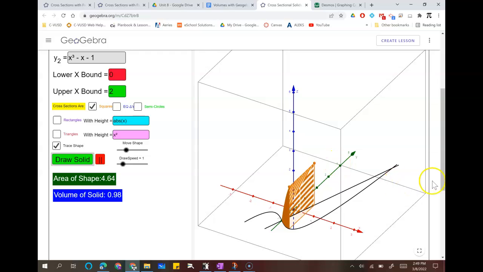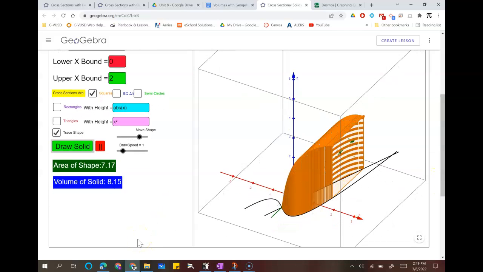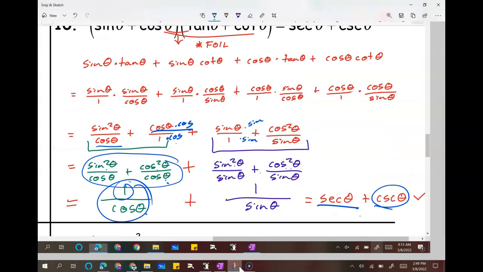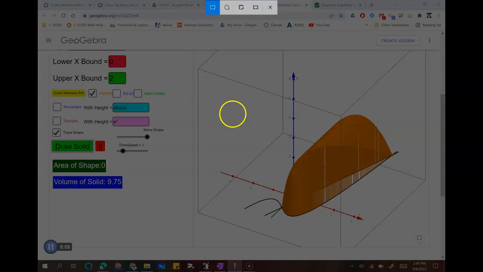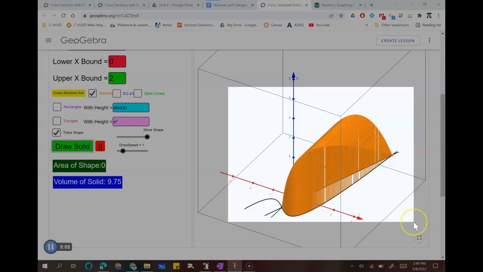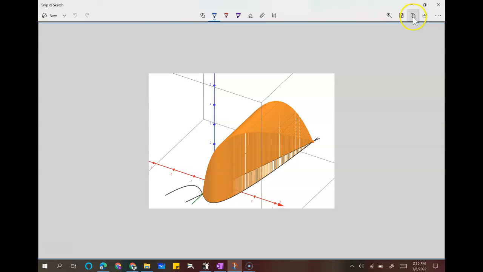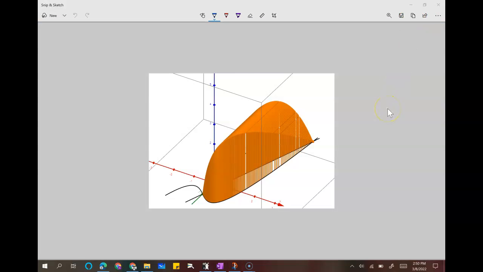I think I want to do a screenshot and throw that into the OneNote there. Alright, so let's go ahead and do a screenshot of our 3D rendering. Let's go ahead and copy that.